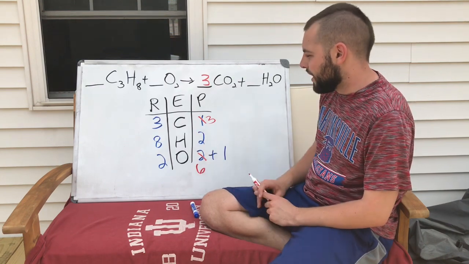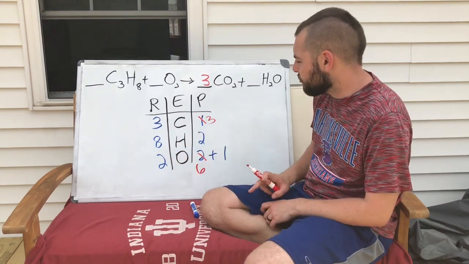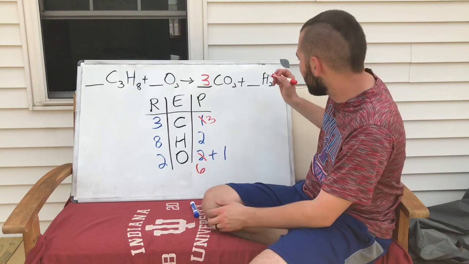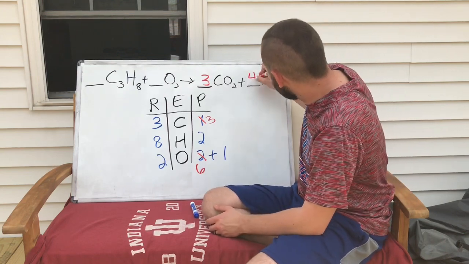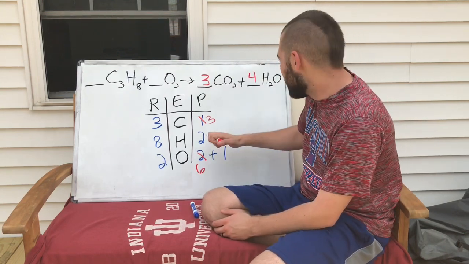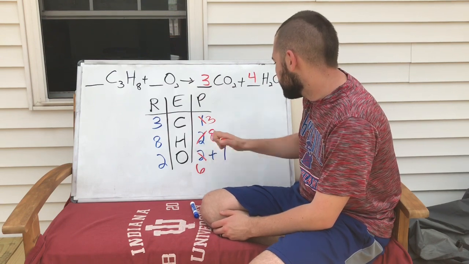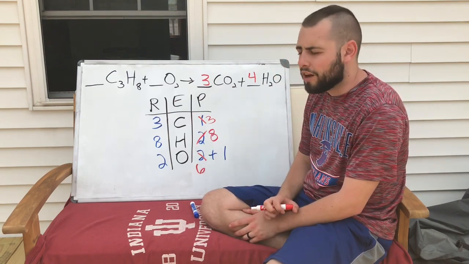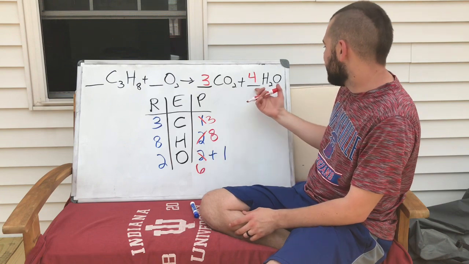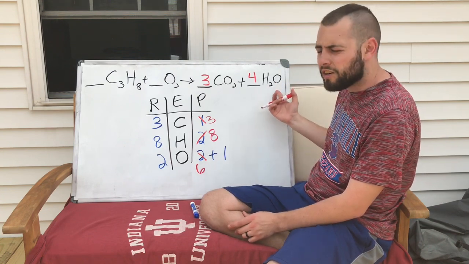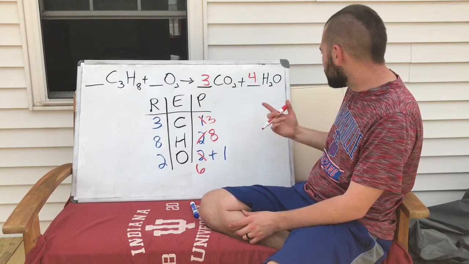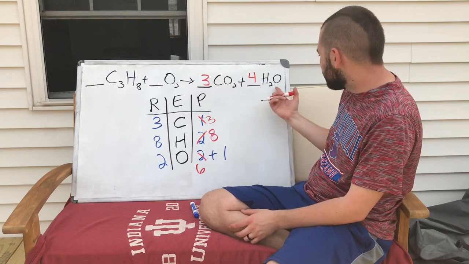Let's go to hydrogen next. 8 on the reactant side, 2 on the product side. I need to multiply it by 4. If I multiply it by 4, that'll get me to 8 hydrogens on both sides. But again, I changed something else here. This is no longer just 1 oxygen. Now I've got 4 times 1 is 4 oxygens.